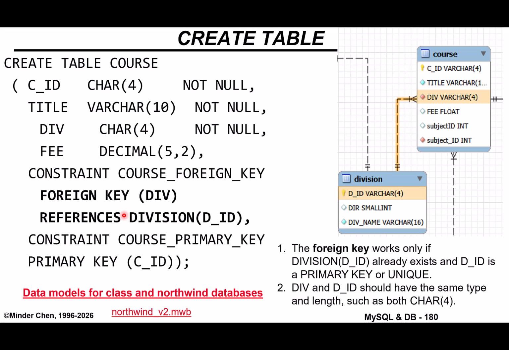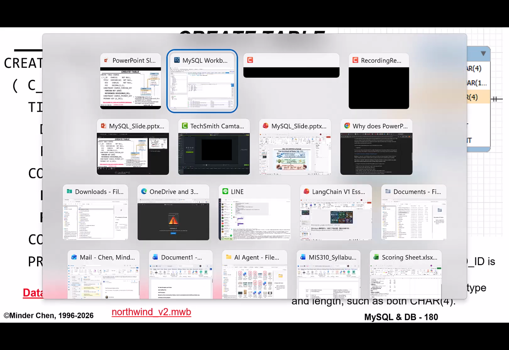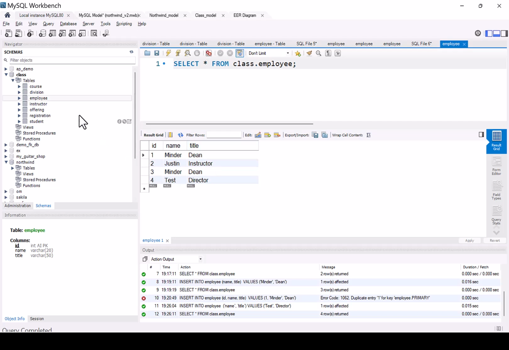Okay. And by the way, if you want to actually look at this data model in your Northwind database, you can click on the link here and then load it up. I'll show you just briefly.